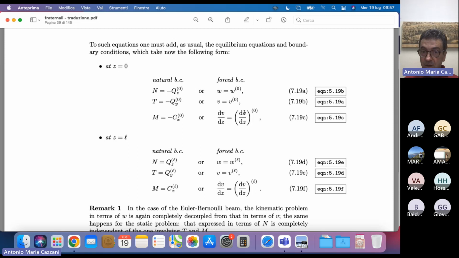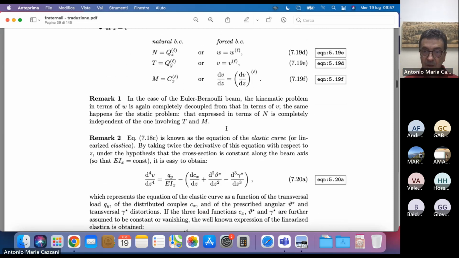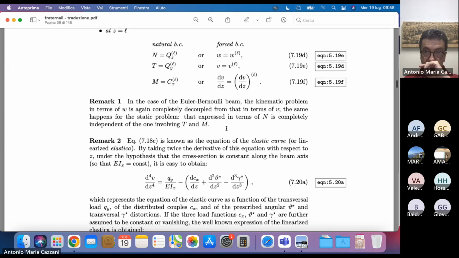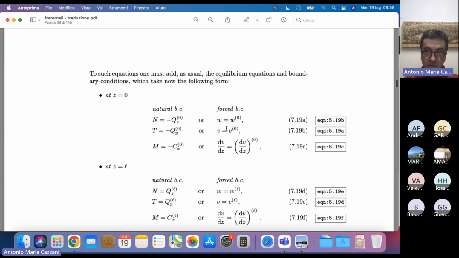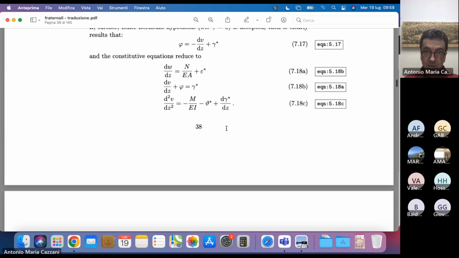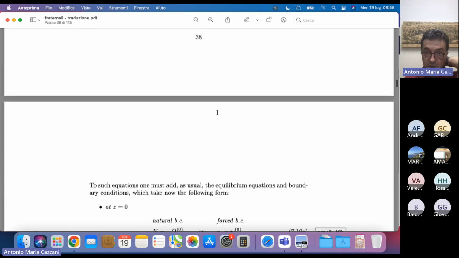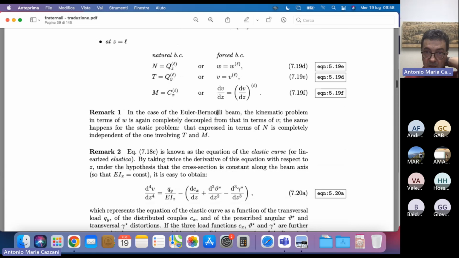And so the boundary condition is now given in terms of the derivative of v with respect to z. This equation, if we disregard for a minute the presence of angular distortion and shear type distortion, is what we call the linearized elastica.